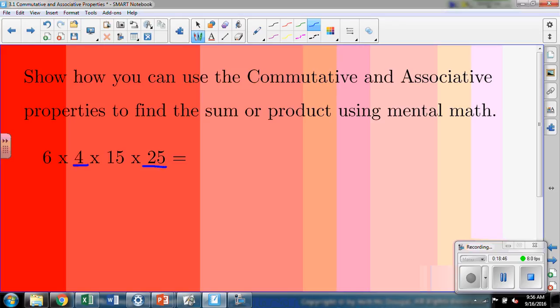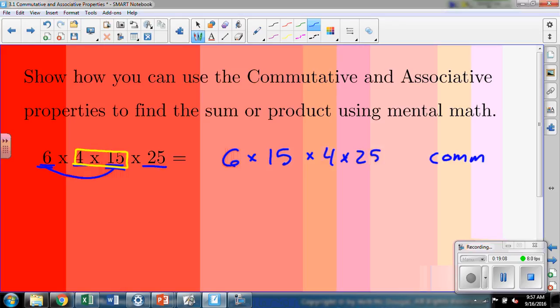And so if we're going to do that, that could also put 15 and 6 together. So our goal then is to flip the 4 and the 15. 6 times 15 times 4 times 25. And that was the commutative property.